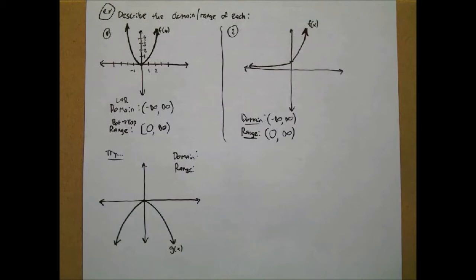Sketch it out for yourself if you need to. Remember, domain, left and right. What does it look like the farthest left we're going to go? What does it look like the farthest right we're going to go? And the range, what's the bottommost point we're going to get to, and what's the highest point we're going to get to there? Domain, leftmost x to rightmost x. Range, bottom y to top y. Bottom to top for range.